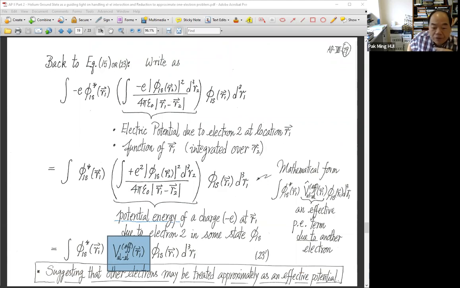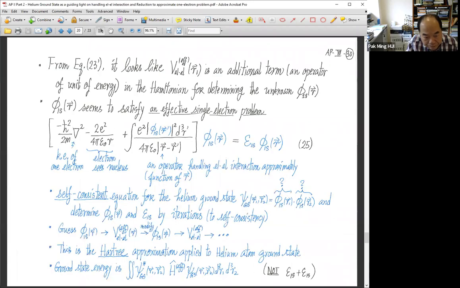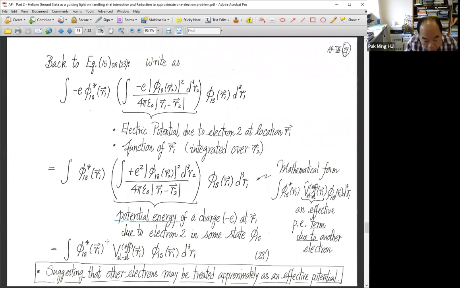Is that okay? Do you follow? Now, what's more, look at this thing. It looks like an operator in a Hamiltonian, do you see?